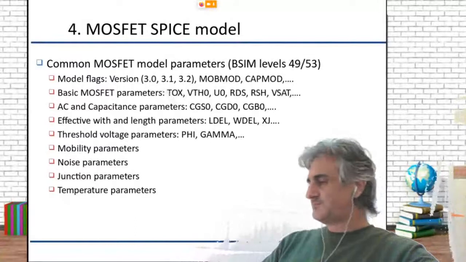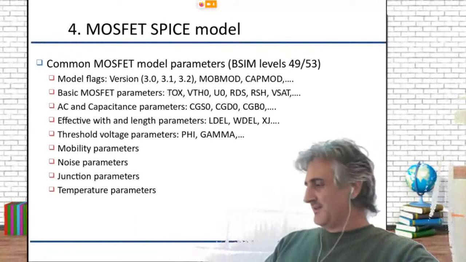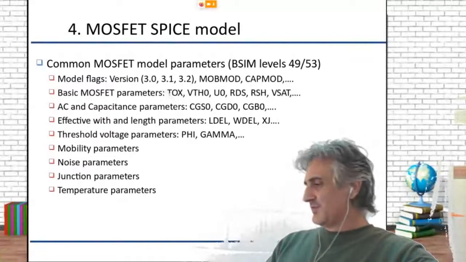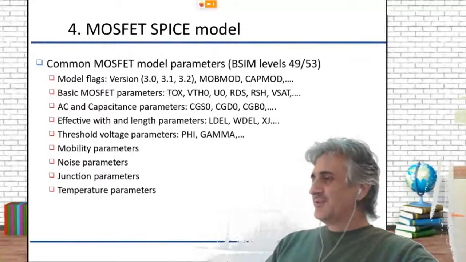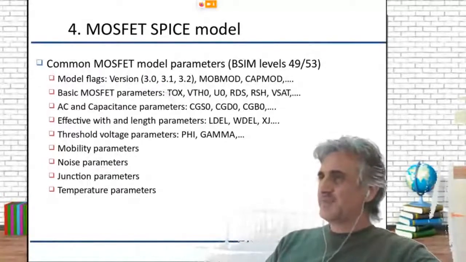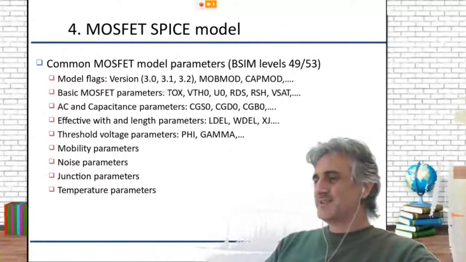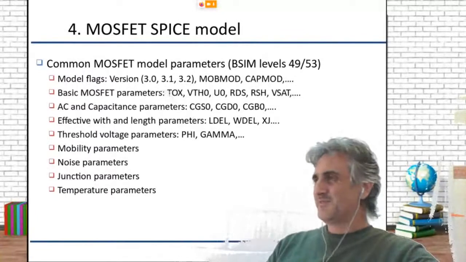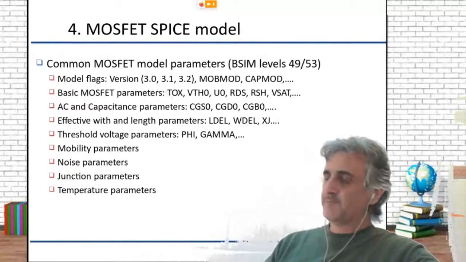At the University of Berkeley, and the creator, Liu, is one of the few device engineers that has become a millionaire just selling his expertise on how to implement the model. So it's quite interesting.